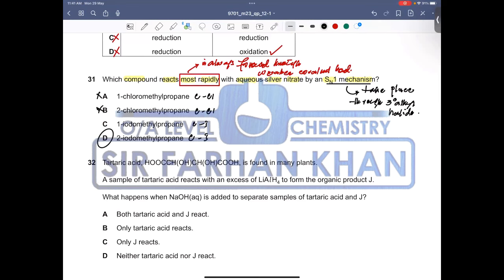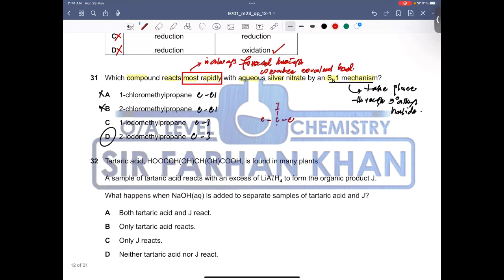Let's make the structure of D first. We have propane, so we need to make 3 carbon atoms. We have 2-iodo, that means the second carbon has iodine. We have 2-methyl, that is CH3. So that is going to be a tertiary alkyl halide, obviously.